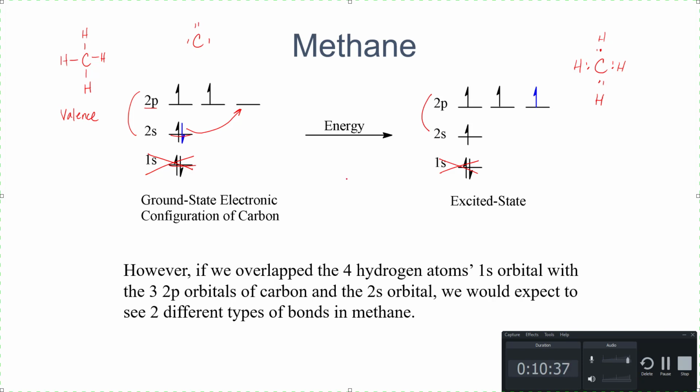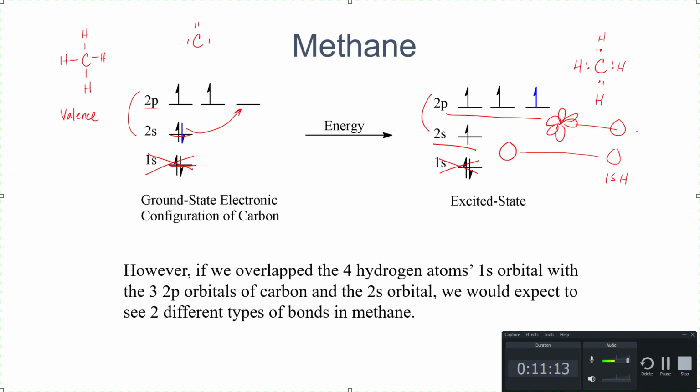There's another complication here. As I overlap the 2s orbital and the 3 2p orbitals, the s orbital being spherical and each of the p orbitals being dumbbell shaped, with the 1s orbital of hydrogen, wouldn't we expect that overlapping a p orbital or a spherical orbital would give different bonds?